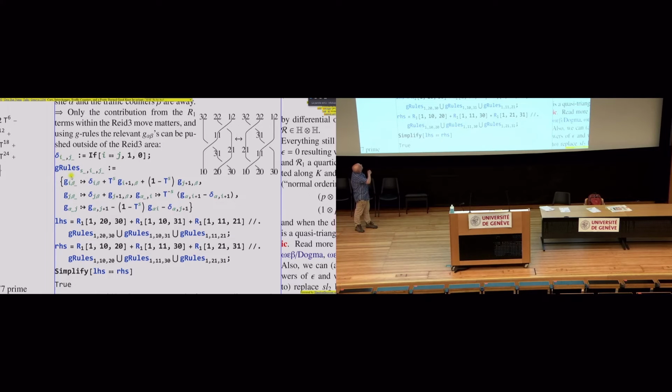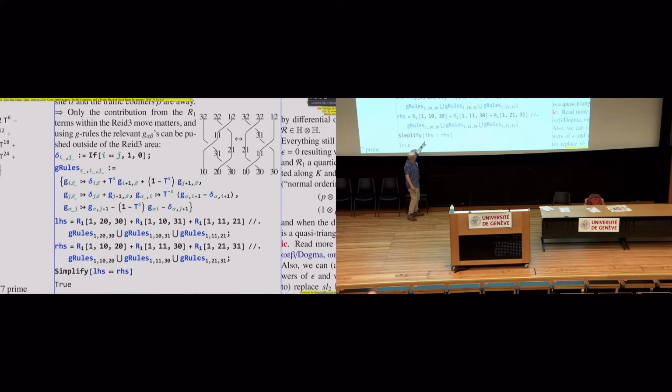So basically, here is an implementation of the G rules. You can compare with your handout. It's the same as the formulas that I wrote before. The left-hand side is the sum of 3 R1s. I apply to it the G rules that apply to the left-hand side. The right-hand side is the sum of 3 R1s. I apply to it the G rules that apply to the right-hand side.